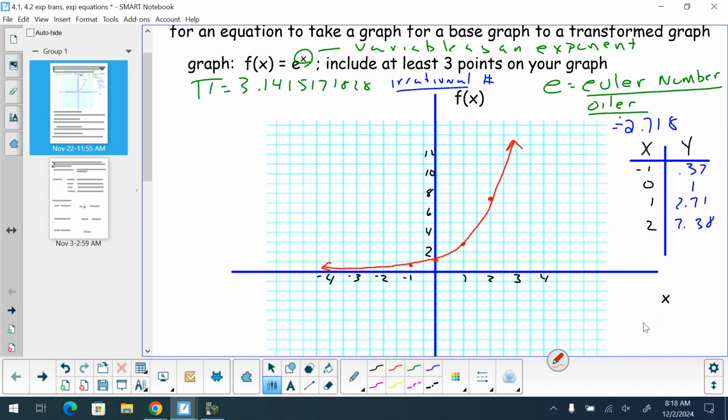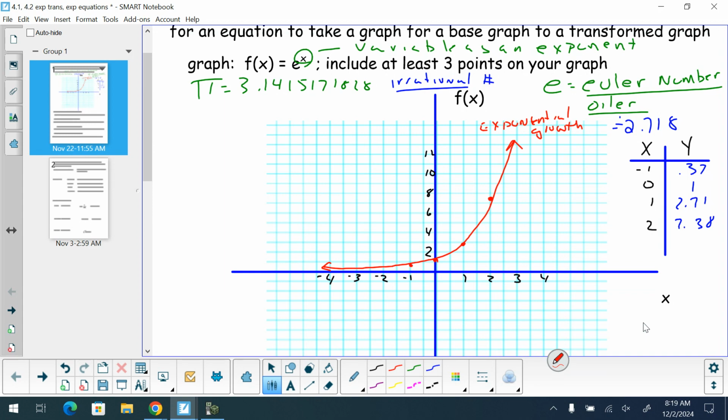We can also have an exponential decay function. Which will be as x gets bigger, y will get smaller. That's your half-life functions. When you look at your chemistry and your chemicals, you talk about half-lives.